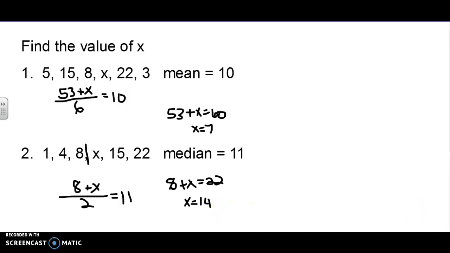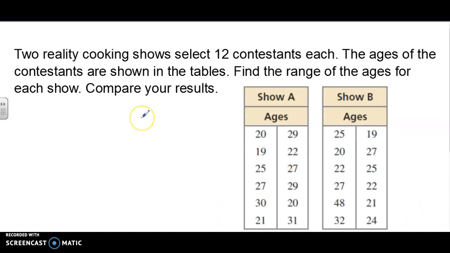Okay, and the last thing is the range. I'm sure everyone here knows how to find the range of a data set. Range is the distance between the least value and the greatest value. For this problem, they want us to find the range of each reality cooking show.